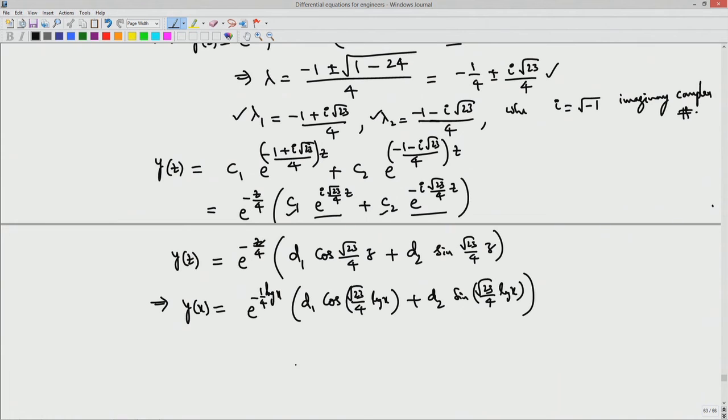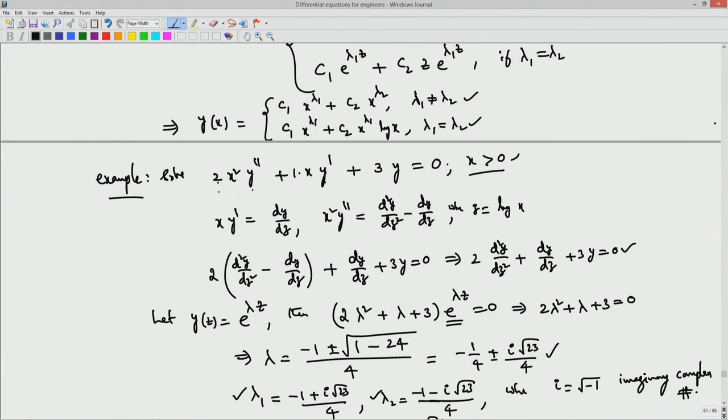So, you can clearly see that e power minus log x by 4 is 1 by x power 1 by 4, so this whole thing I can replace with x power minus 1 by 4. So, this is your general solution because you have two arbitrary constants d1 and d2. This is the general solution of the given equation.